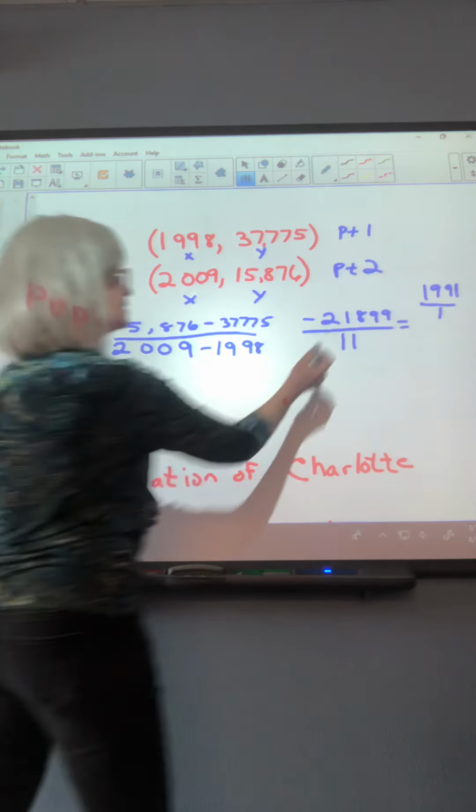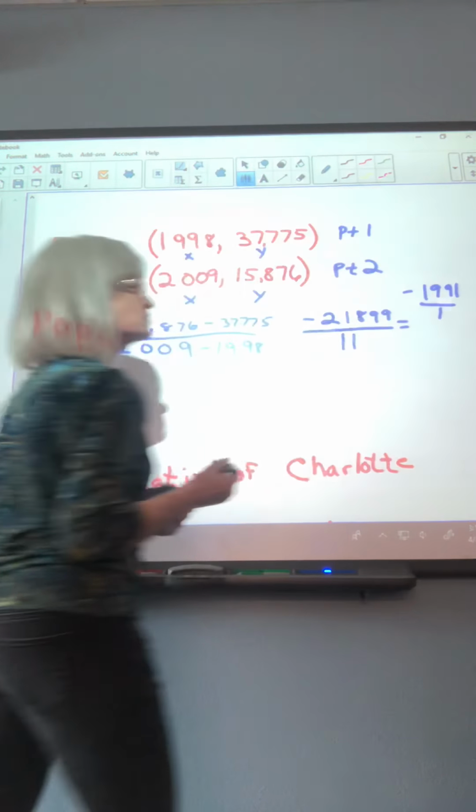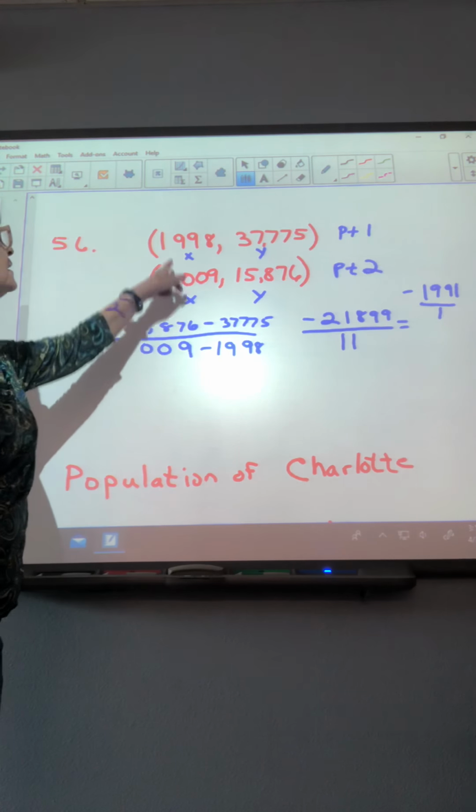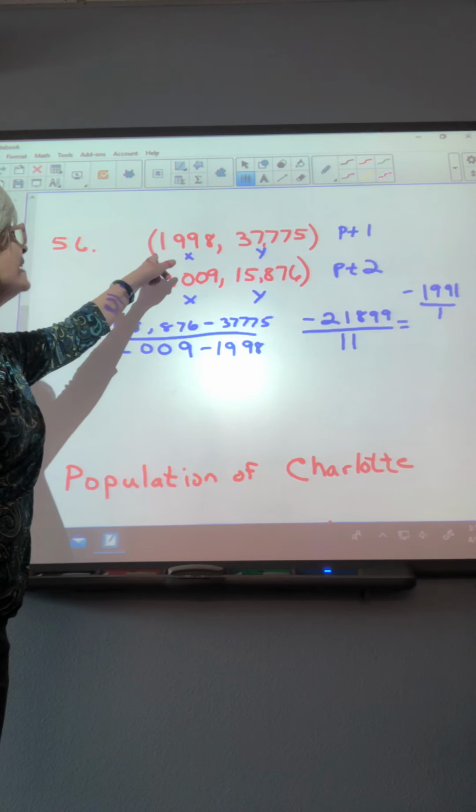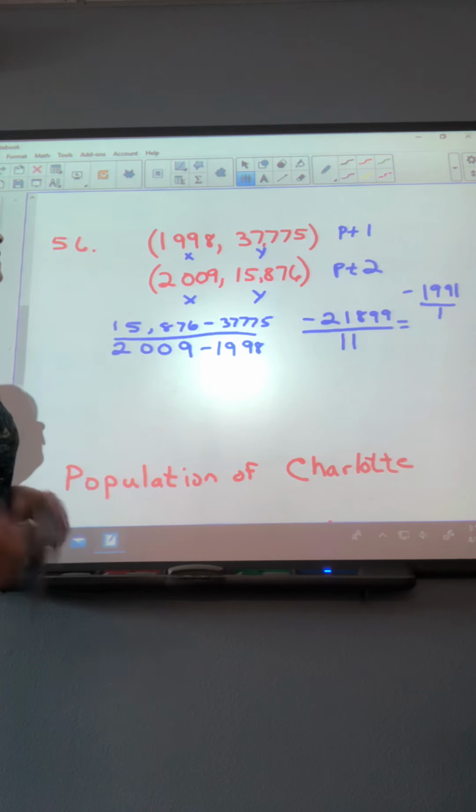And because this is negative, it's decreasing that much per year. There are 1,991 fewer injuries each year on the farm from 1998 to 2009.